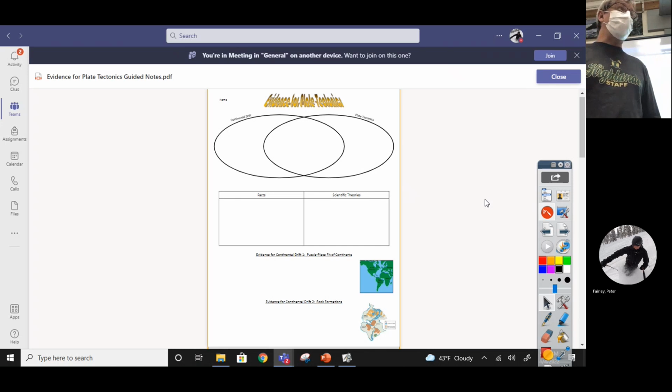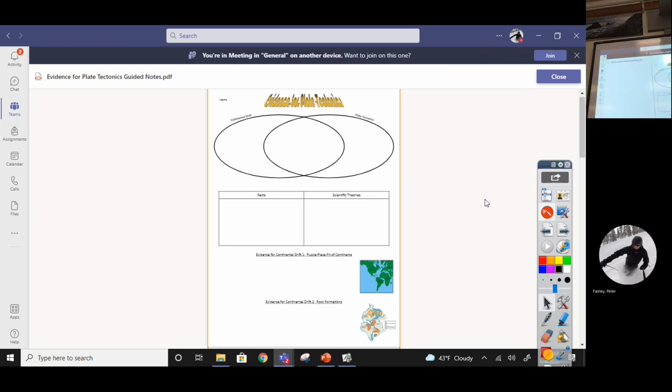Continental drift left out the ocean floors, but plate tectonics includes them. Continental drift, we didn't know why the continents were moving. We didn't know how they could move, what force would be strong enough to move them. But with plate tectonics, we're pretty sure that it's the convection currents in the mantle that are moving them.